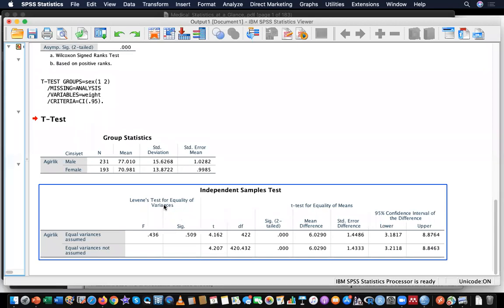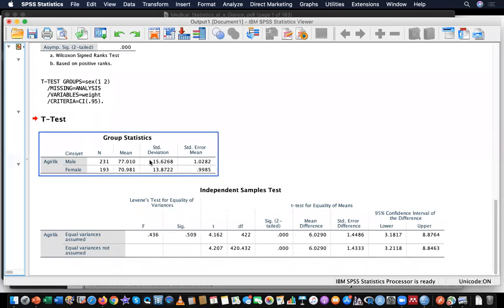It performs a test to see whether these variances, or the standard deviations (variance is the square of the standard deviation), are similar or not. Is there a significant difference between these two standard deviations? Namely, males have a standard deviation of 15 and females have a standard deviation of 13. Is there a difference between these two?